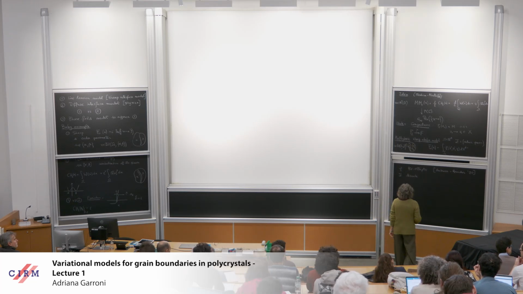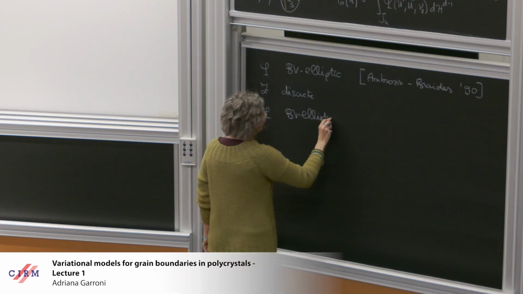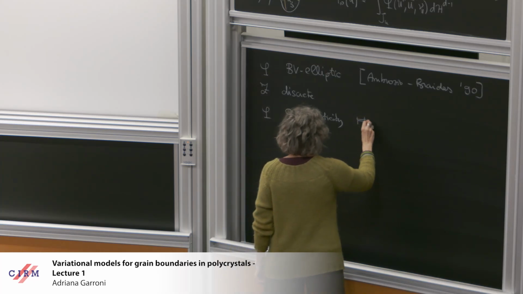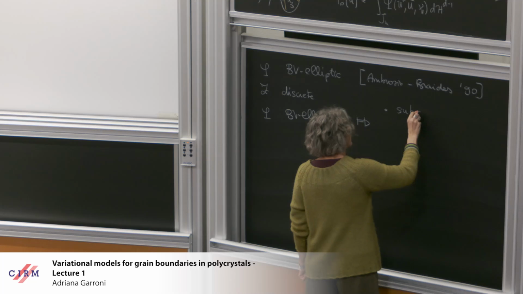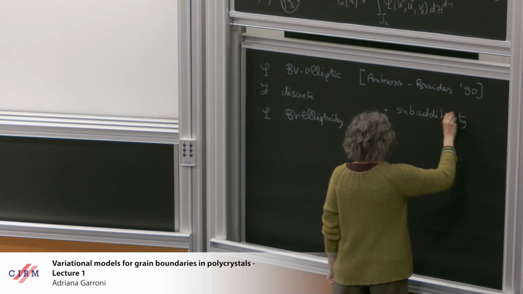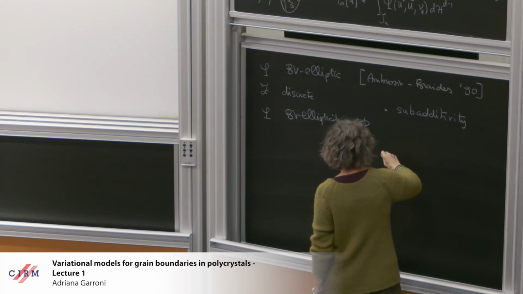So in particular, this BV ellipticity implies two main properties. One is the subadditivity, which essentially rules out the following situation.